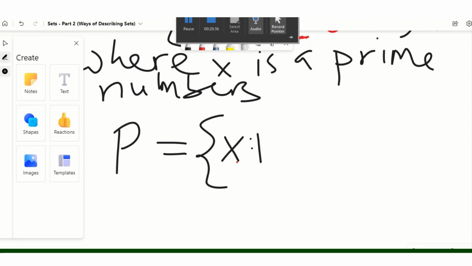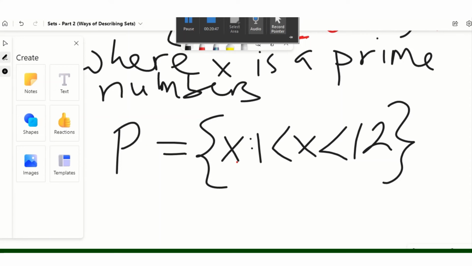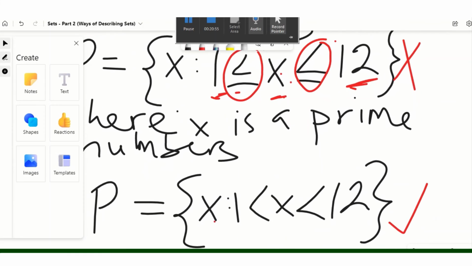I'll write it. 1 is greater than x, less than 12. So this is our set builder notation, and this is correct. So you see the difference between this and that.